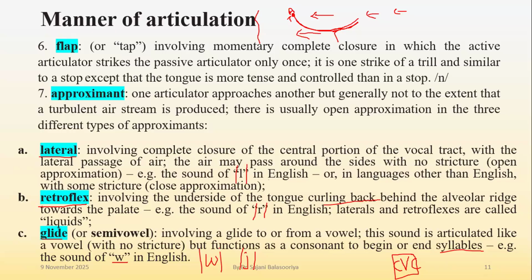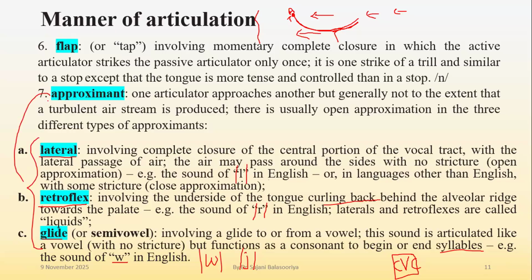Okay, right. So that is why we say these two semivowels have the characteristics of both vowels and consonants. They are produced as vowels, they are used as consonants, right? So semivowels are called glides. These two are considered to be types of approximants.